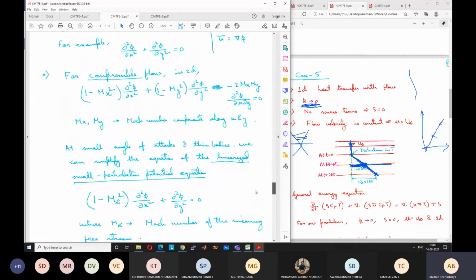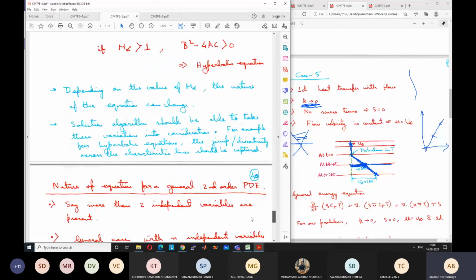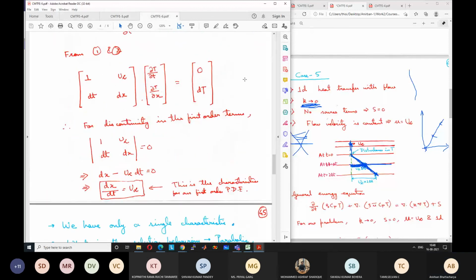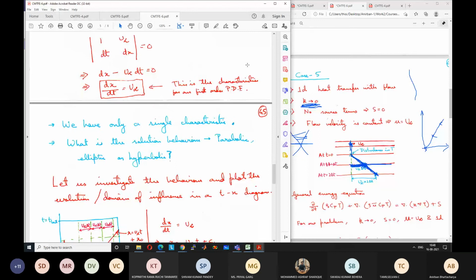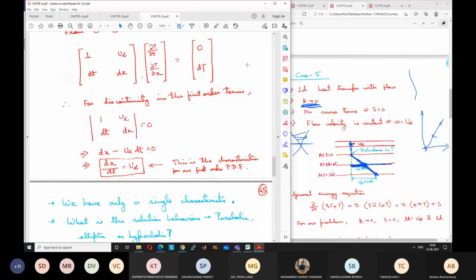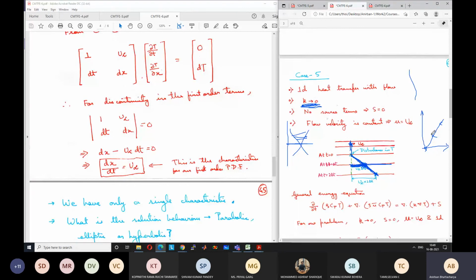So what is the area of the domain of influence? Very basic question. And what is the area of the domain of dependence? For this point, say the perturbation is given at this point.